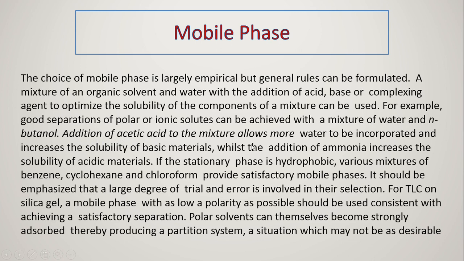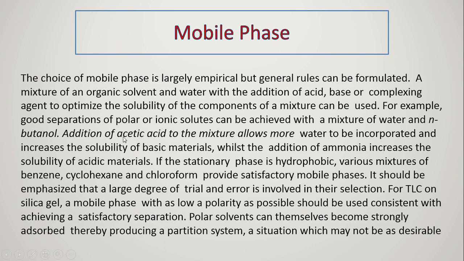Addition of acetic acid to the mixture allows more water to be incorporated and increases the solubility of basic materials. Suppose in our sample some organic compounds have basic nature and these have low solubility in water, then we use some weak acids like acetic acid.